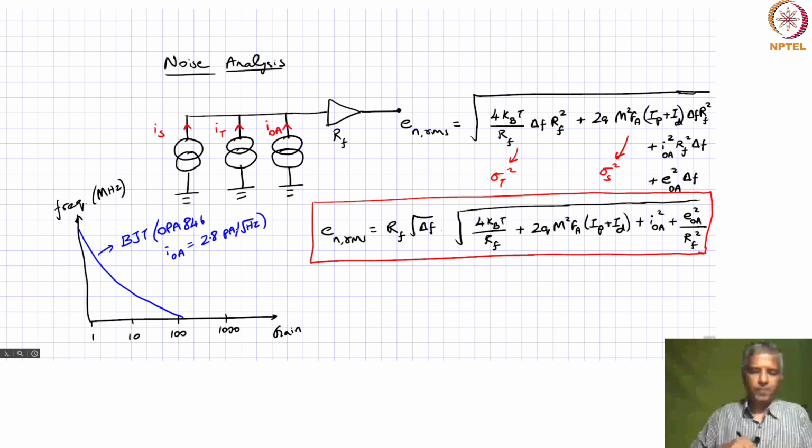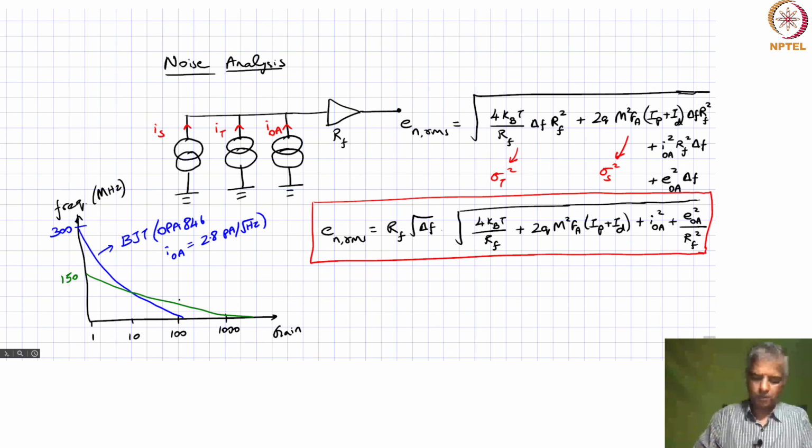Of course this is capable of giving reasonably good performance, around 200 to 300 megahertz. Whereas a FET type amplifier typically has a lower frequency response, about a value of 150.